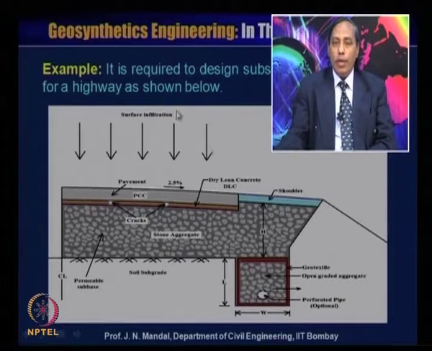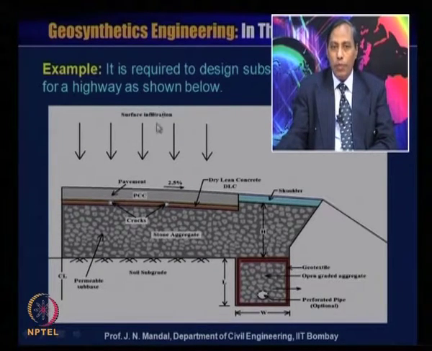Now, when there is rainfall or surface infiltration, then due to the temperature or moisture content, sometimes you can observe a formation of cracks in the dry lean concrete, that is called DLC.